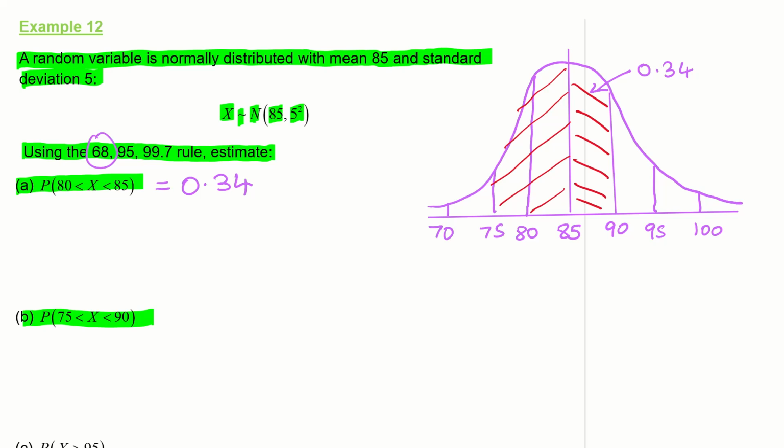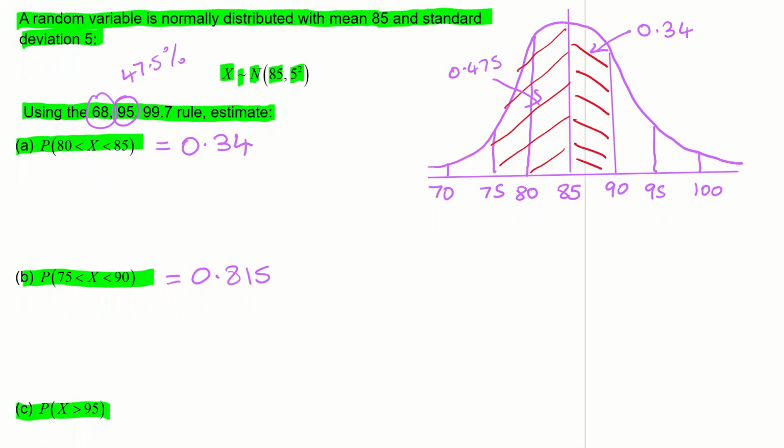Now we know that within 2 standard deviations we get 95, and half of that is 47.5%. So all of that bit from 75 to 85 would be 0.475. So adding those together gives me 0.815.